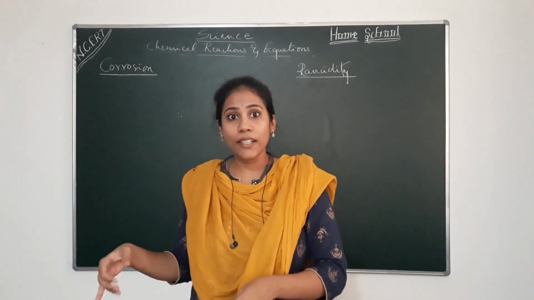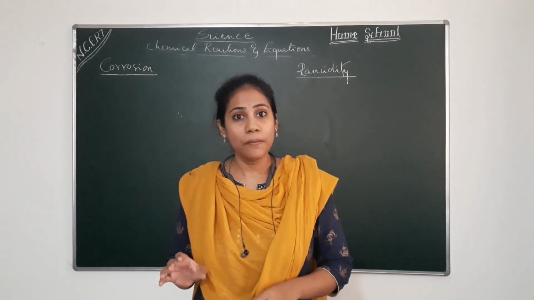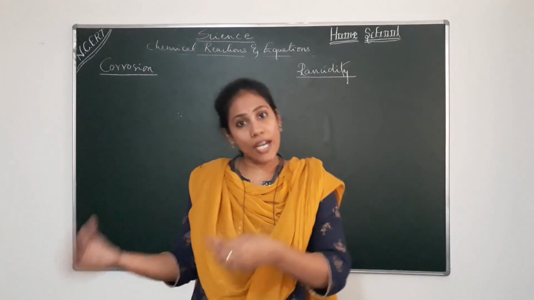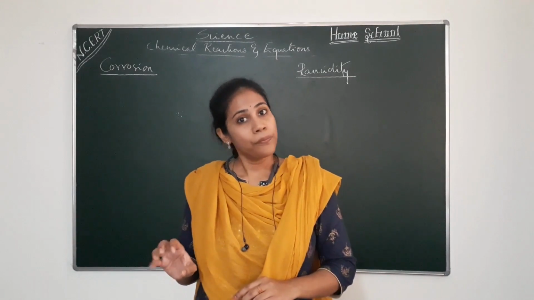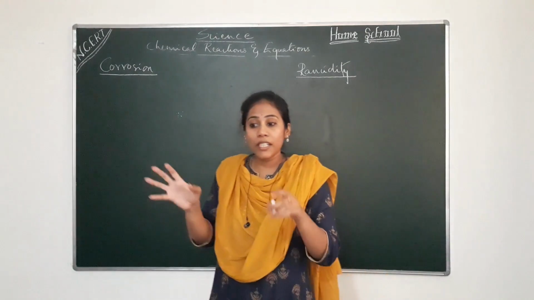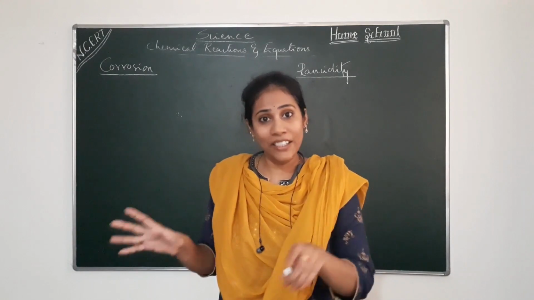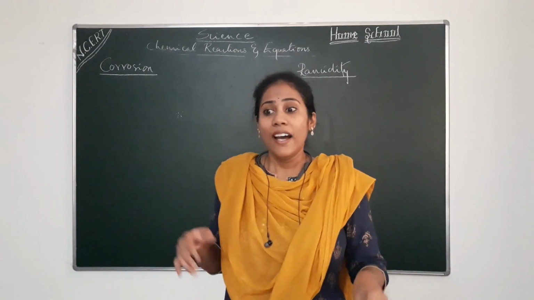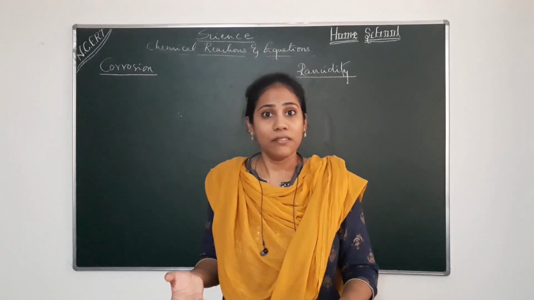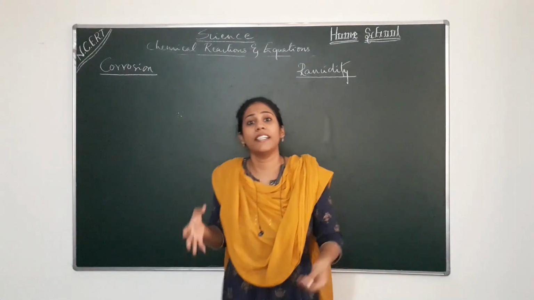Its quality got decreased. It might have lost its shine also. And what do you say in normal words? You would say the iron chair got destroyed, spoiled, quality decreased.